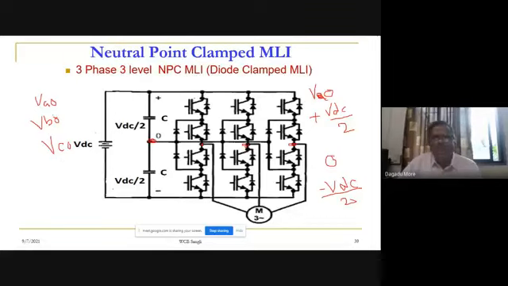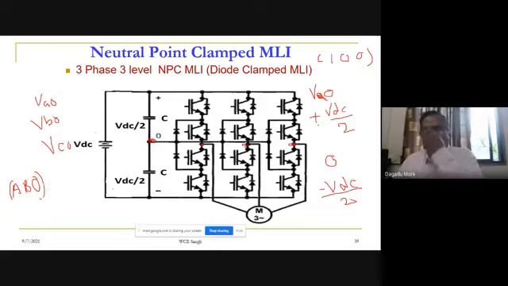We can define how to make the switching. In case of our two-level inverter, we call it 1, 0, 0. We use 0 to mean lower switch on, 1 to mean upper switch on. Here, instead of that, we can use A, B, and O symbols. We can represent the switching with this ABO.